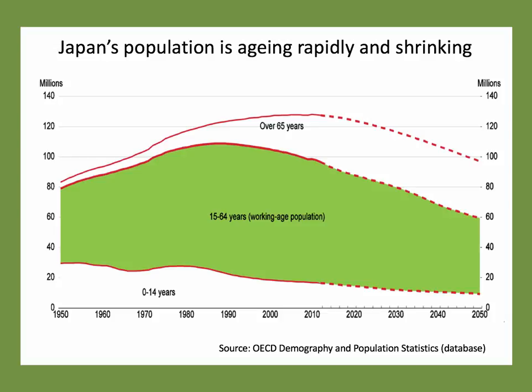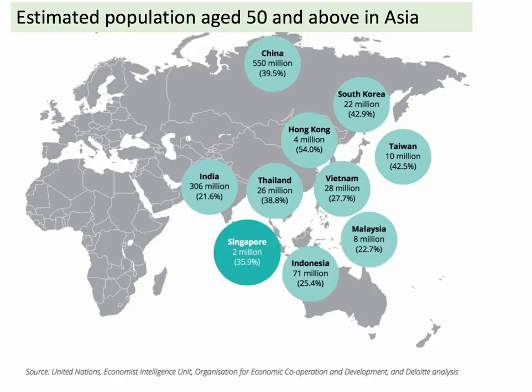We mentioned Japan a few seconds ago. Japan is probably the best example of a country that is aging rapidly, as you can see, and also shrinking in terms of demography. Population is aging, and in fact the total population is likely to decline going forward. Major issue for that country. And aging is not just a kind of Western, North American, advanced economy perspective.